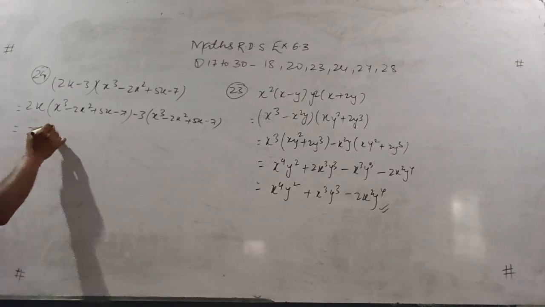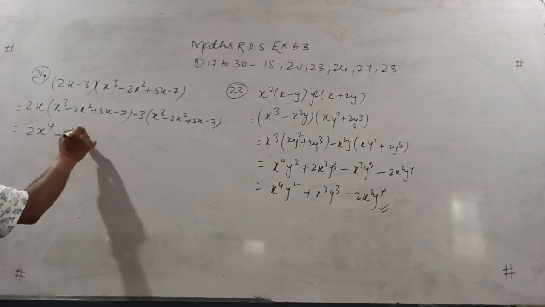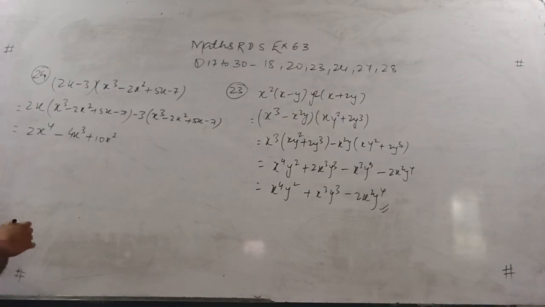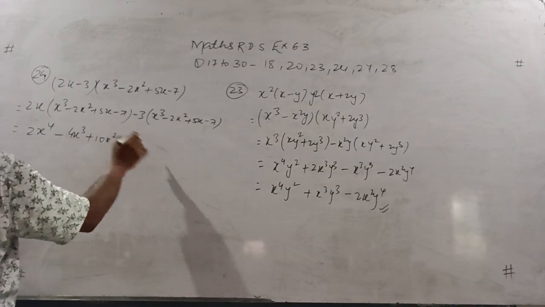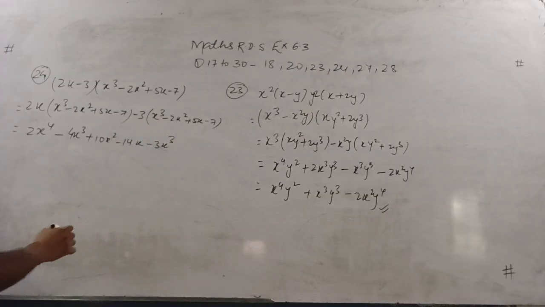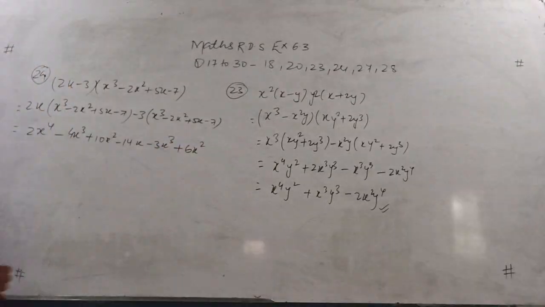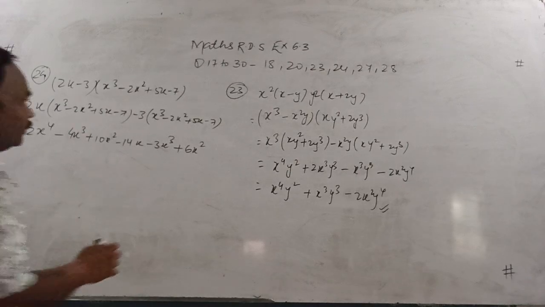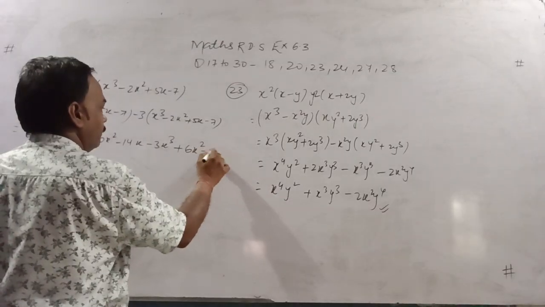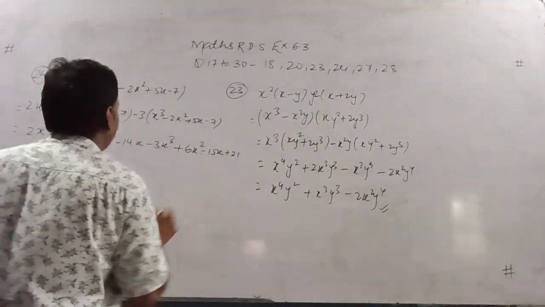This is equal to 2 into x to the power 4, minus 2 times 2 is 4x cube, plus 2 times 5 is 10x square, minus 2 times 7 is 14x, minus 3x cube, plus 3 times 2 is 6x square, minus 3 times 5 is 15x, plus 3 times 7 is 21.